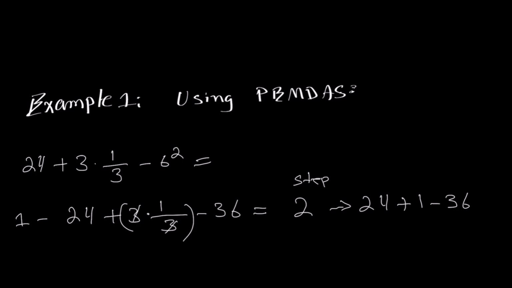Minus 36. So now we have only this expression here, which has only addition and subtraction. We can do addition first. 24 plus 1, we will do step 3, which is addition. 24 plus 1 is 25 minus 36.